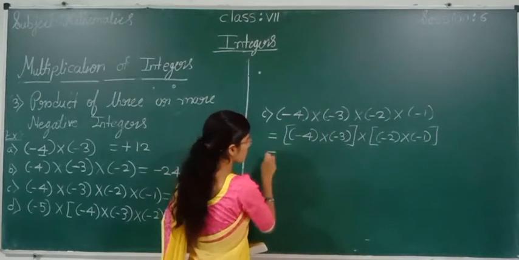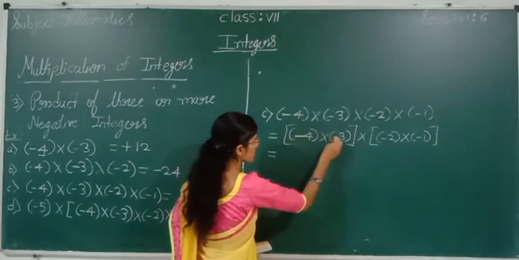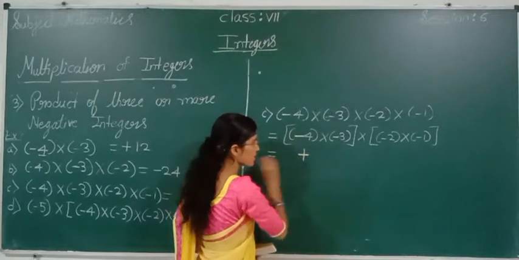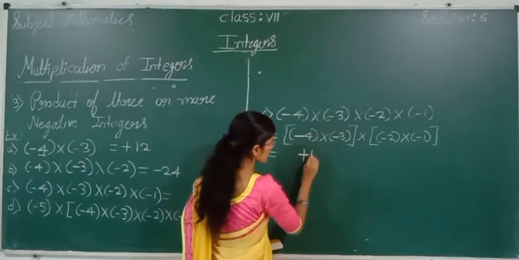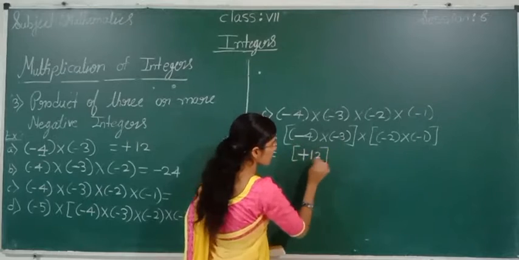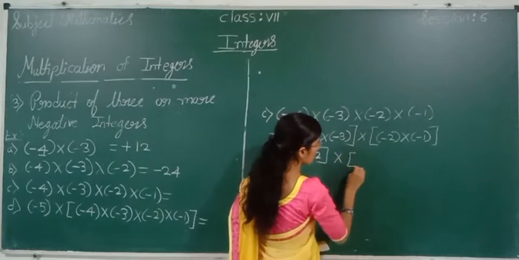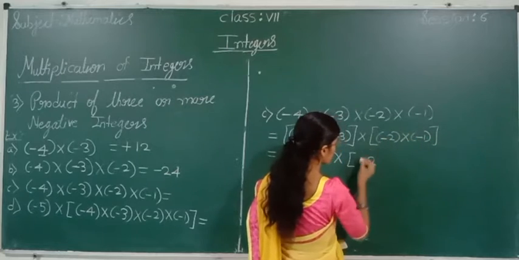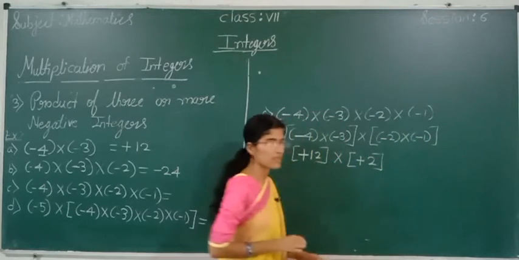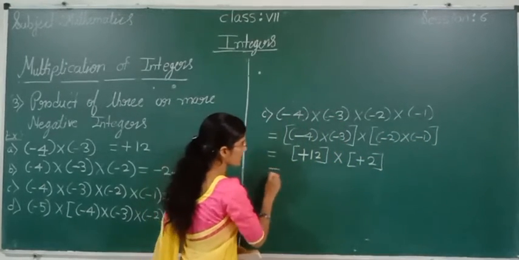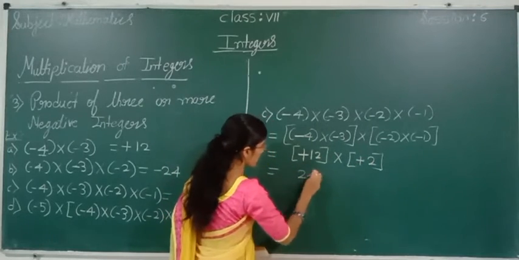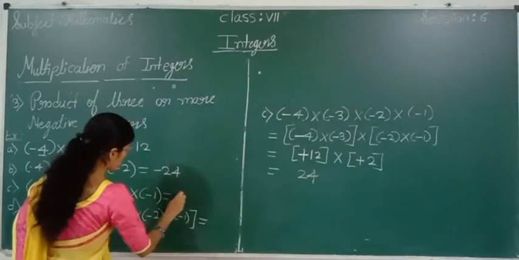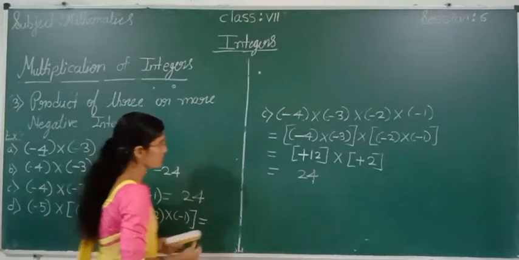When we multiply two negative integers, we know that the answer will be a positive integer. 4 3s are 12. Multiply by 2 1s are 2. Again 12 2s are 24. Here the answer we got is 24.